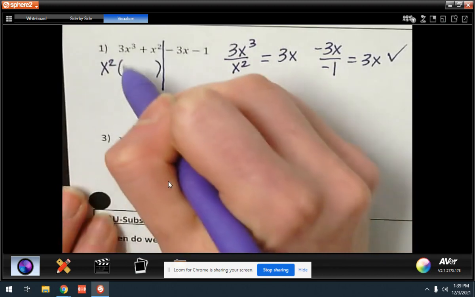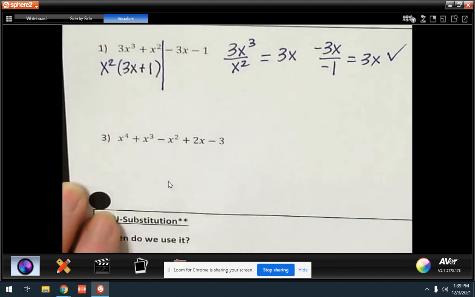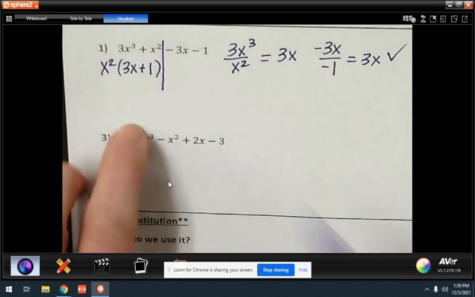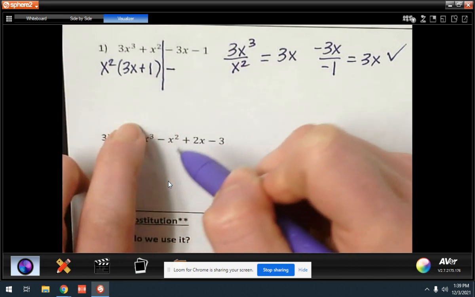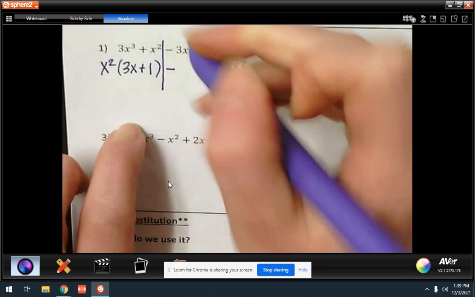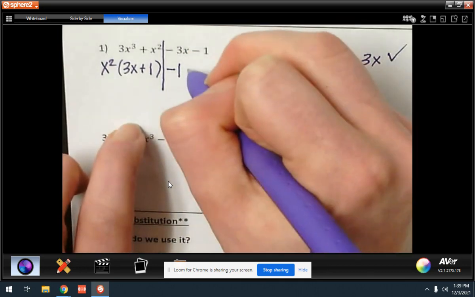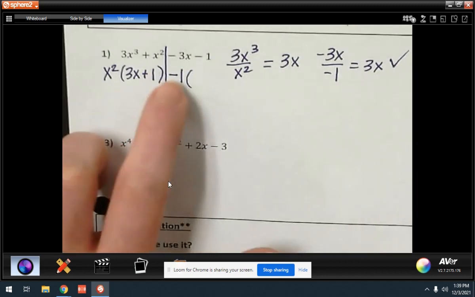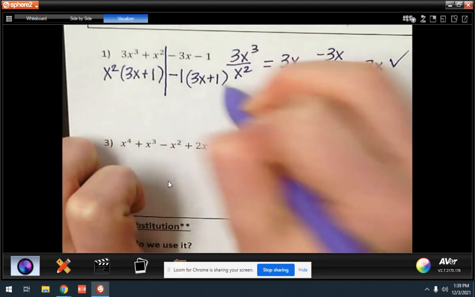And then that leaves behind a 3x plus 1. Out of the second pair, we're going to copy down that minus sign. There's nothing else in common, so we have to write a 1. Not 0, 1. Okay, and so we're factoring out a negative 1, which leaves behind a 3x plus 1.